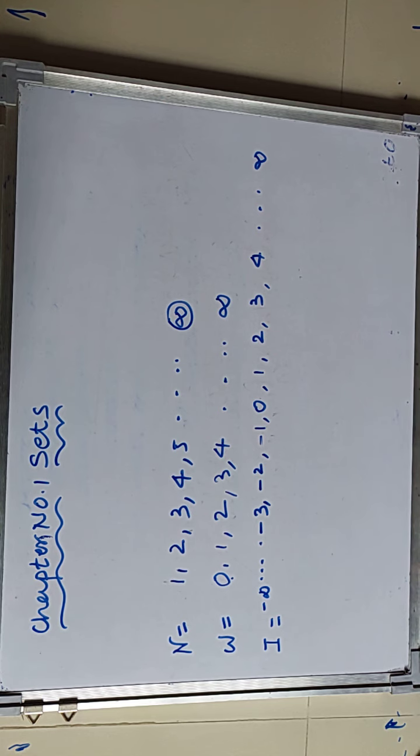The numbers which are rational as well as irrational are said to be real numbers. It means every rational number is a real number, but every real number is not a rational number.